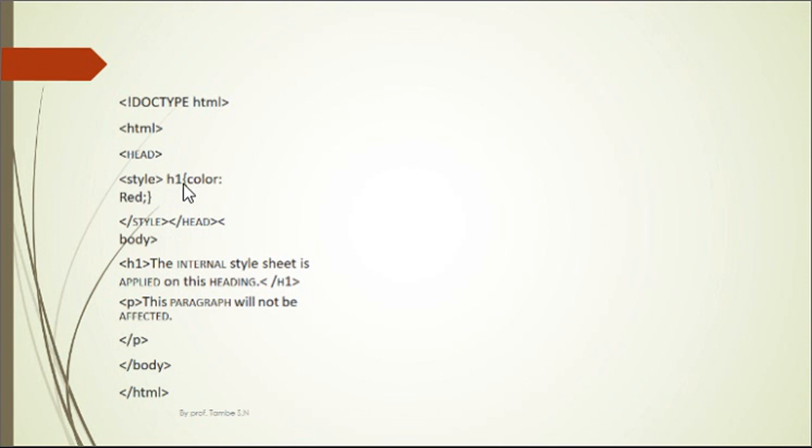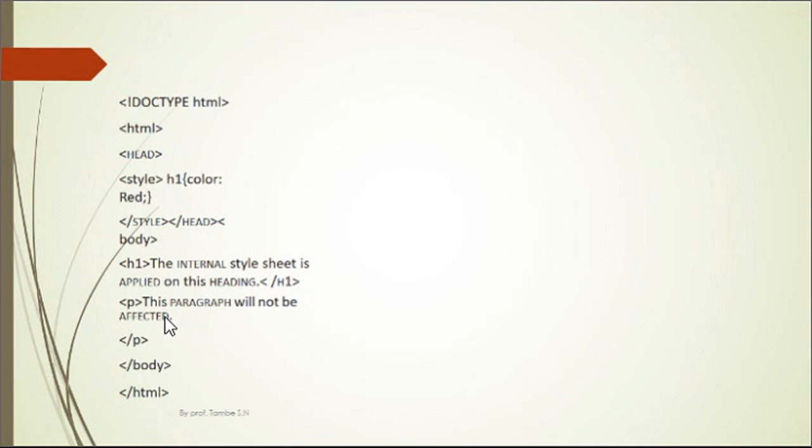Due to that, the color of your paragraph will not change. Only the h1 color will change, because in that style we use h1 as a selector. If we use p color red, then the paragraph color will change and become red.